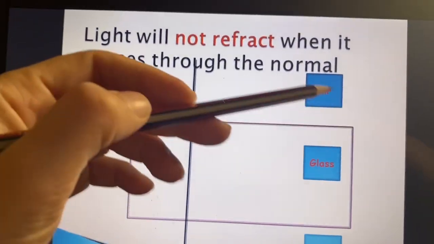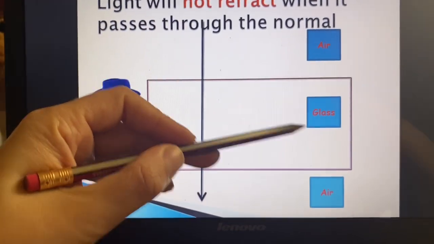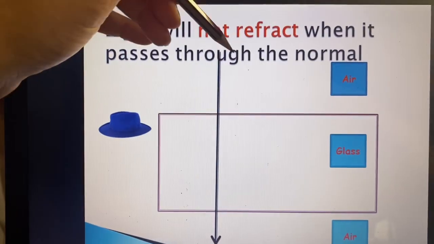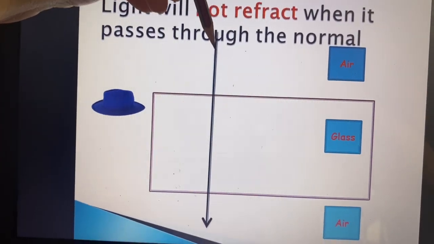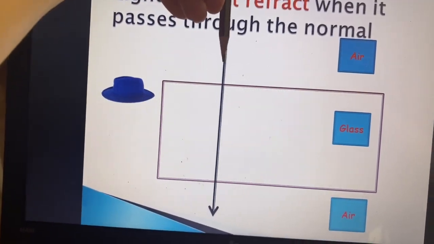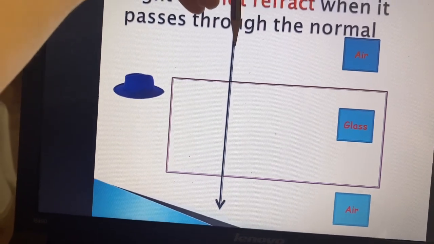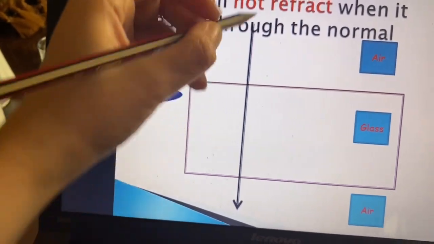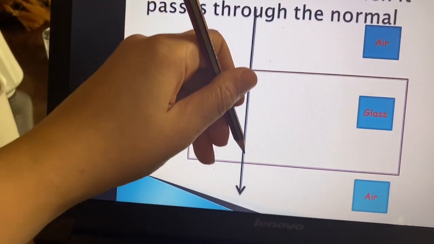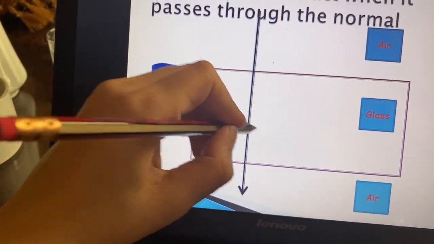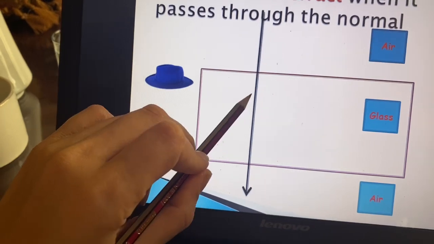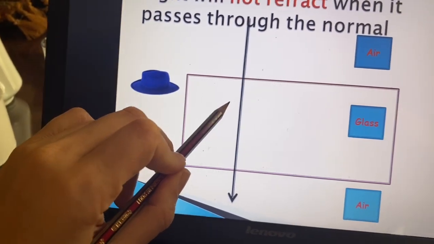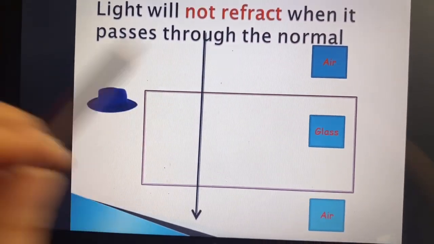If this is air, glass, air, and the ray enters in this direction, perpendicular, can you see the angle? It is 90. If it's perpendicular, there will be no refraction. This is the only case at which the light will not refract if it enters the glass.